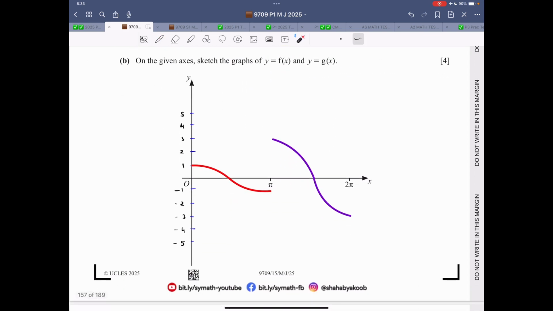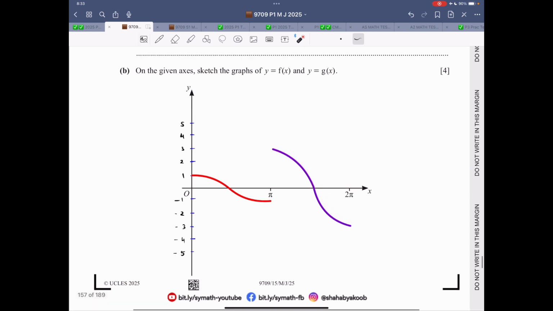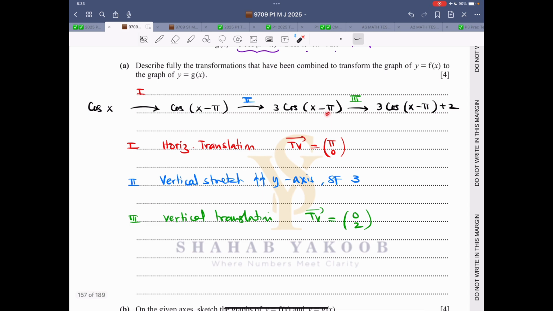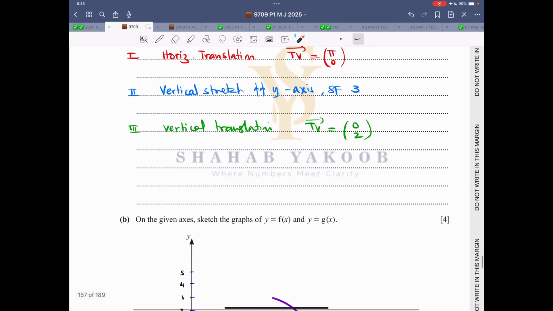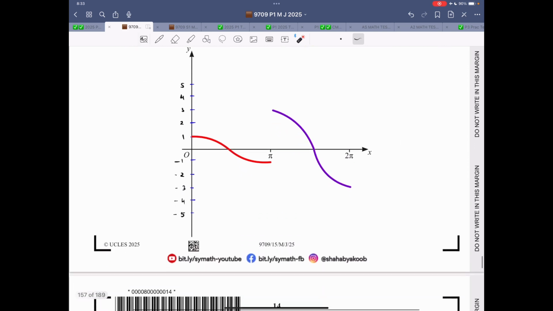So now first thing first, this thing, the period is still the same, but it has moved over here. So that is how it has moved. So this has moved pi units to the right, and now I have to move it 2 units up. So if I move it 2 units up, between 0 and 3, it will move up to 2 and 5.